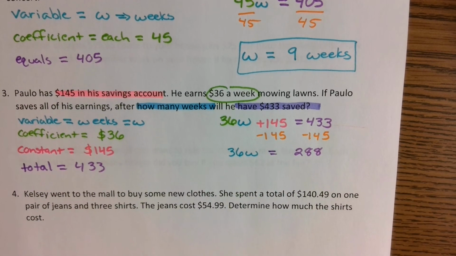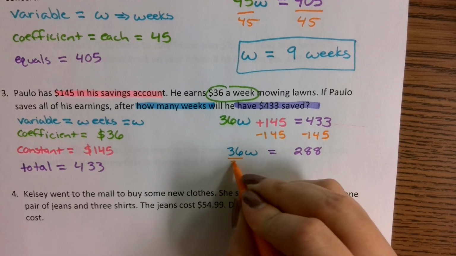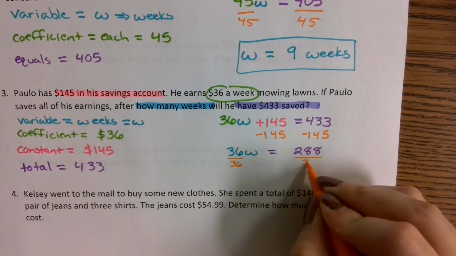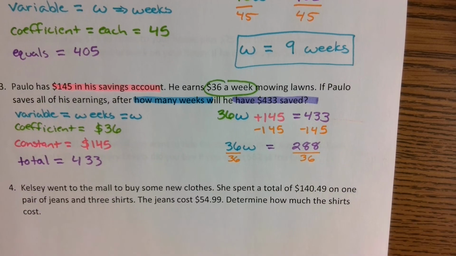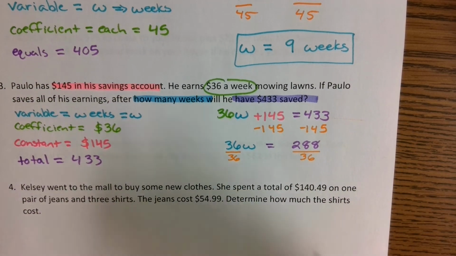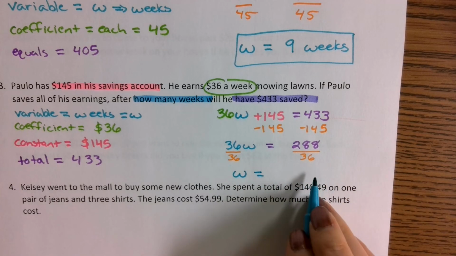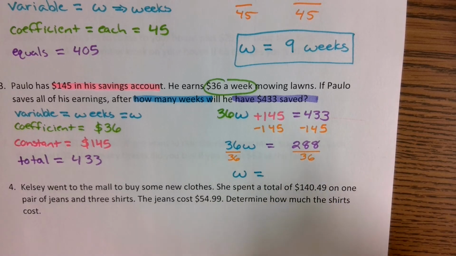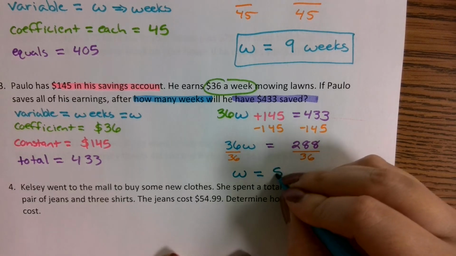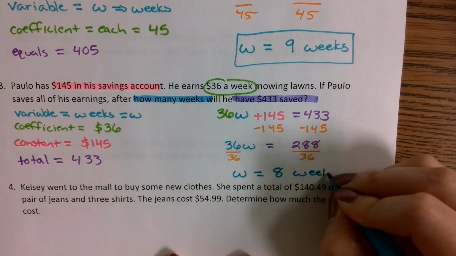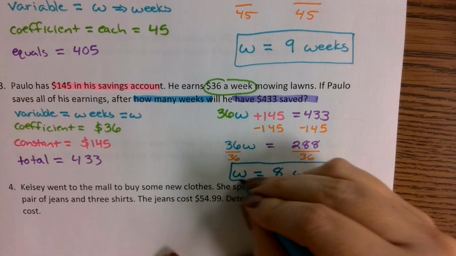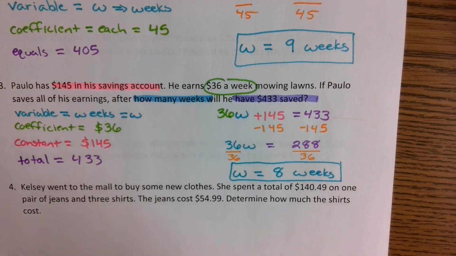After that, our last step is to divide both sides by 36 so that we can find out how many weeks it's going to take us. So if we do 288 divided by 36, what do we get? 8. So it's going to take us 8 weeks to be able to save enough money for what we're wanting.